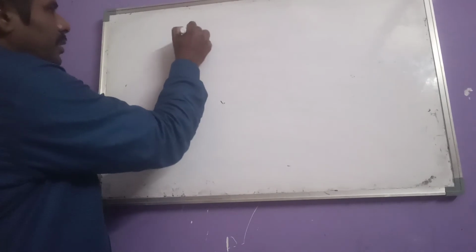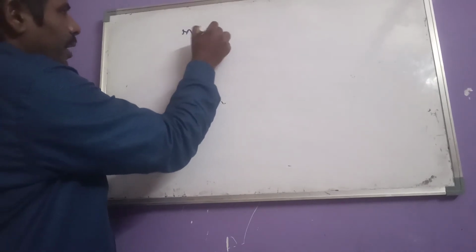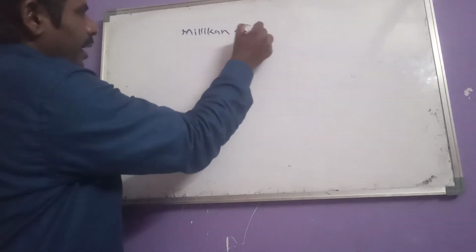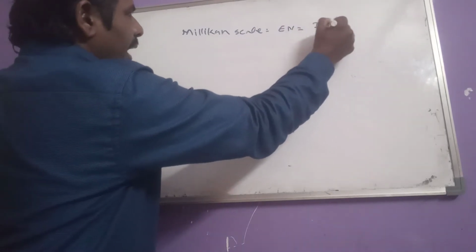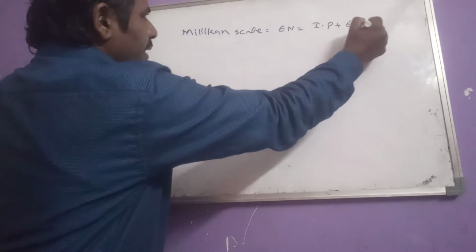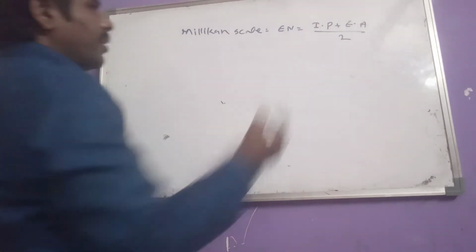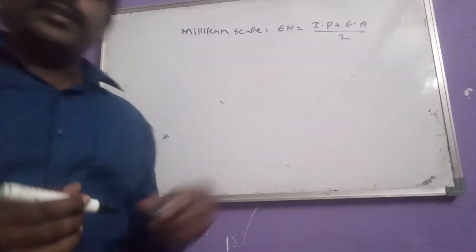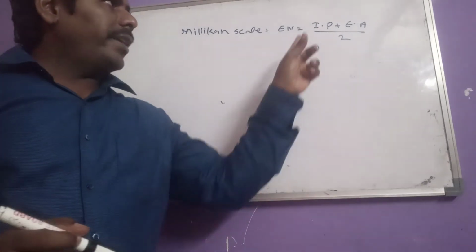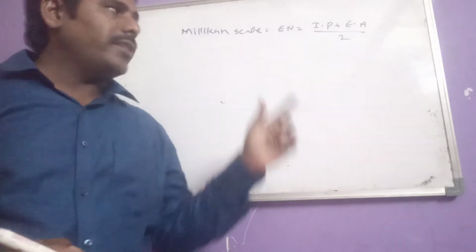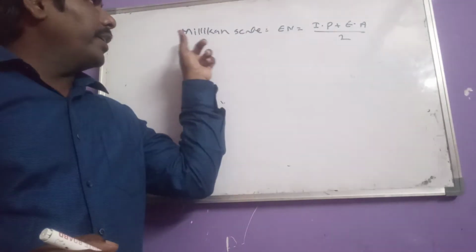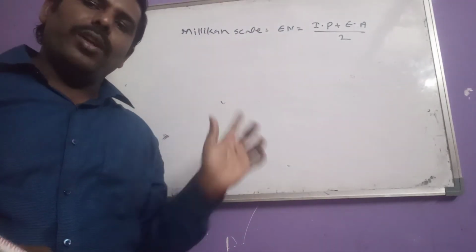What is that? The Mulliken scale. According to the Mulliken scale, what is electronegativity? It is the average of ionization potential and electron gain enthalpy, that means electron affinity. The average of ionization potential and electron gain enthalpy is known as electronegativity according to which one? Mulliken.